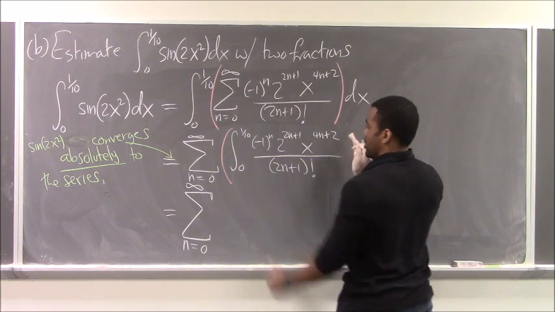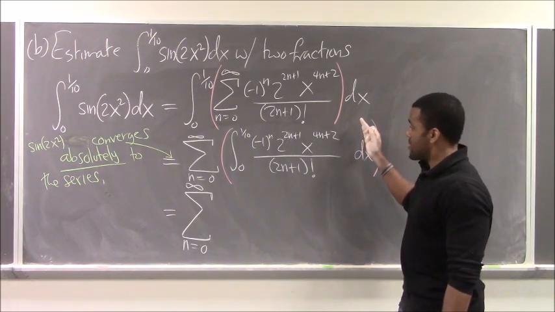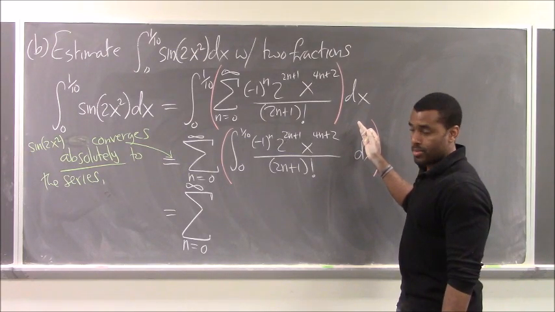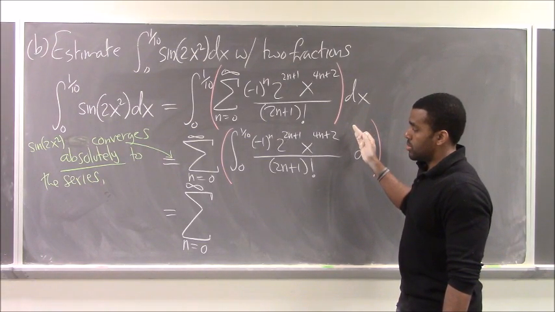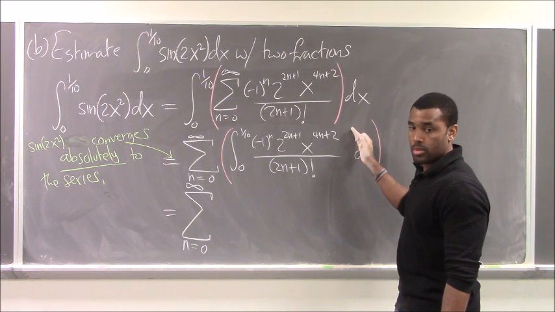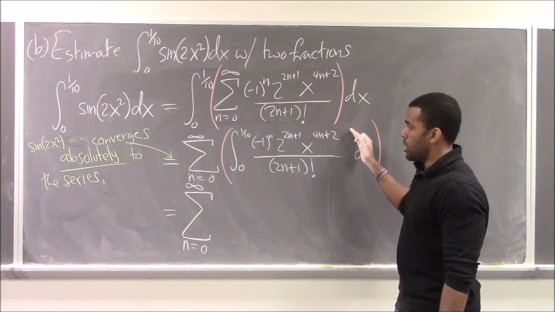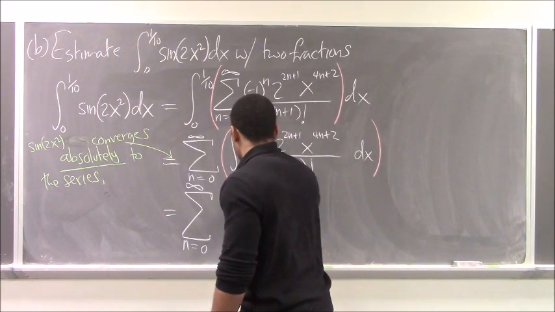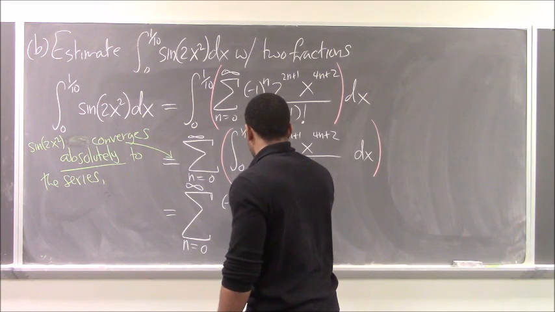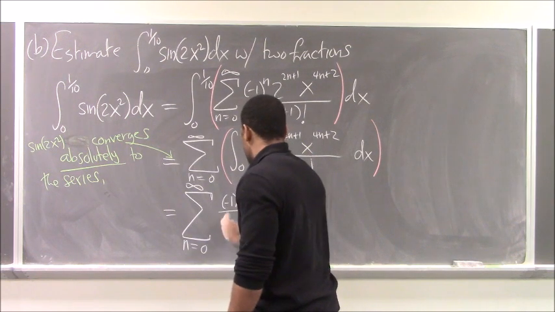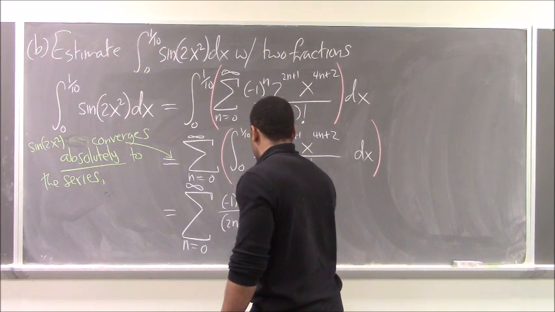Now how would I integrate that? I think if you leave everything constant except for where the x is, it would be negative 1 to the n times 2 to the 2n plus 1 over 2n plus 1 factorial.